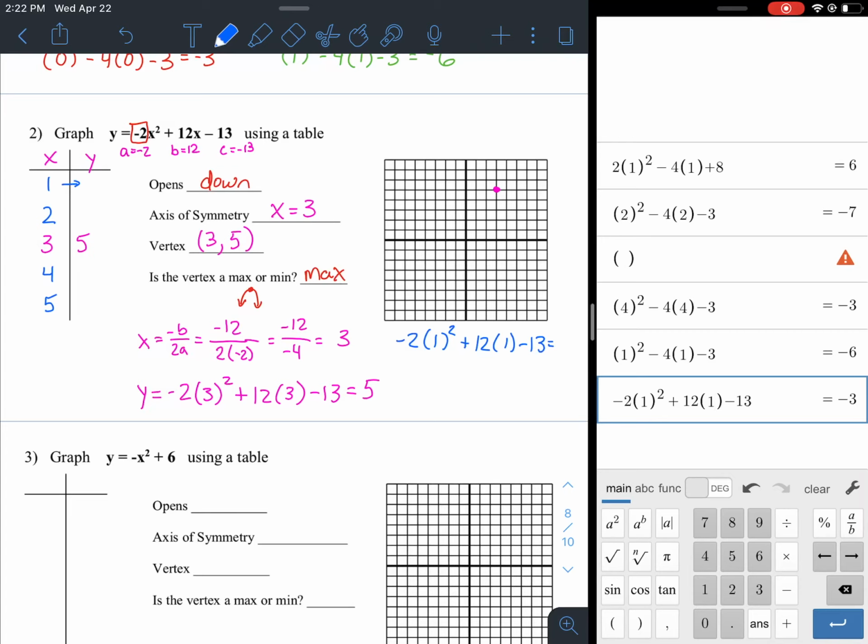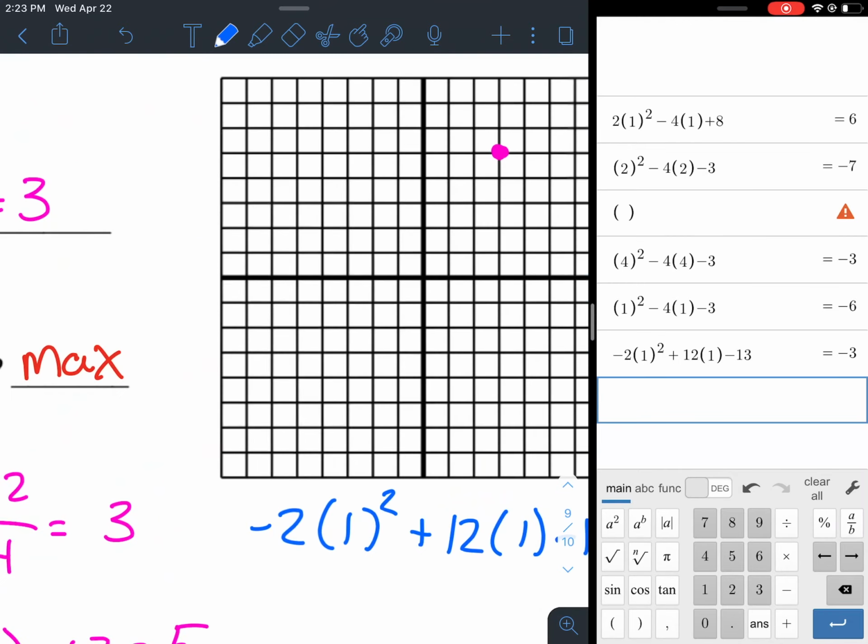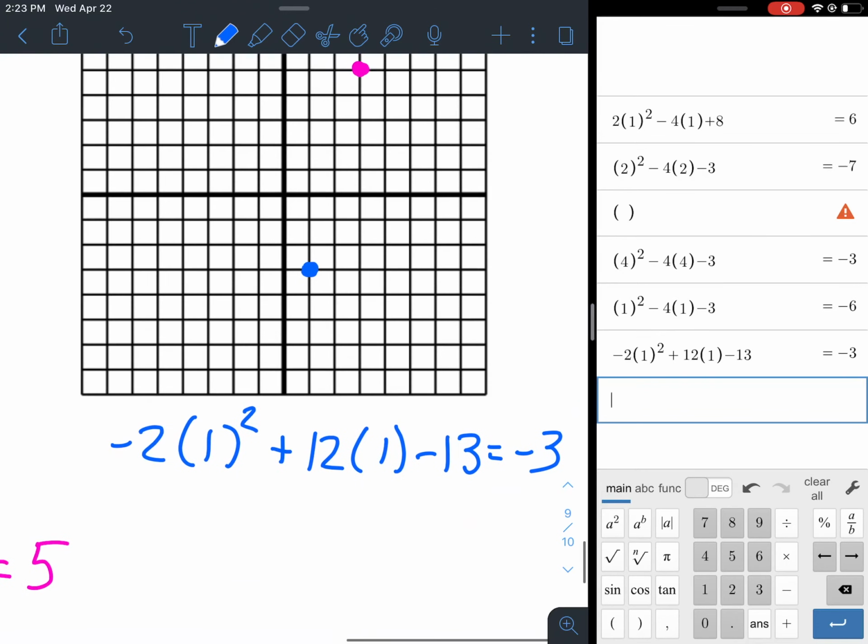Okay, so on your calculator, you can just go back and retype, but replacing new numbers inside the parentheses, and we can see that when we do that, we get negative 3. So that means when we plug 1 in, the y value that corresponds to it is negative 3. Using the idea of symmetry, this 5 will also go to negative 3. So 1, negative 3 is 1 to the right, 3 down. And then we had 5, negative 3. 5 to the right, 1, 2, 3, 4, 5, down 3 right there.